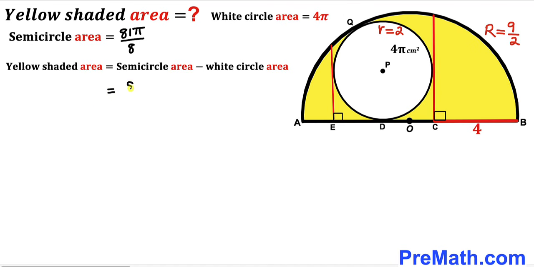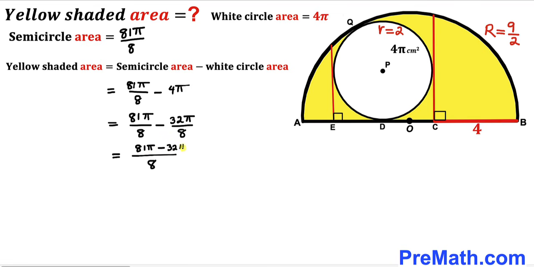So we got 81 pi divided by 8 minus 4 pi. And now we can write this 4 pi as 32 pi divided by 8. So therefore our common denominator is 8. I can write down 8 over here. So we got 81 pi minus 32 pi.